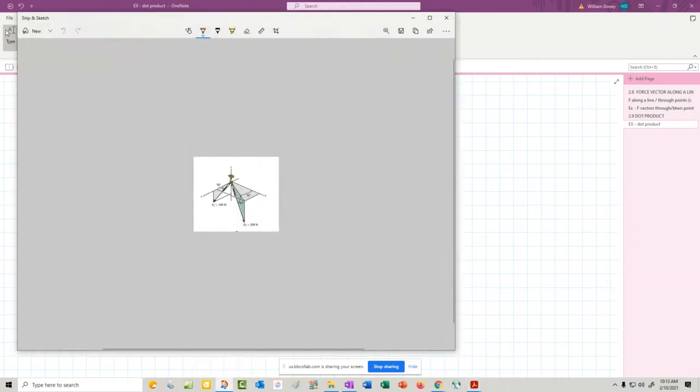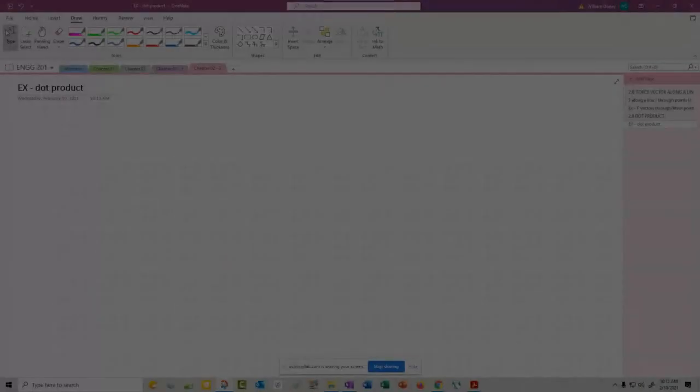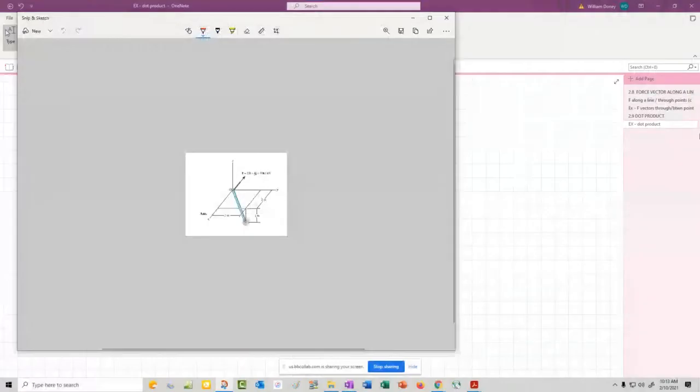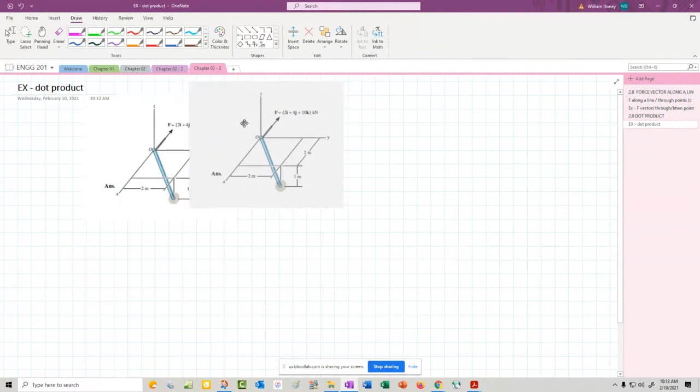All right, here's a simple one just to get ourselves started. This is more just for practice of the dot product. Then we should have time to grab another one.